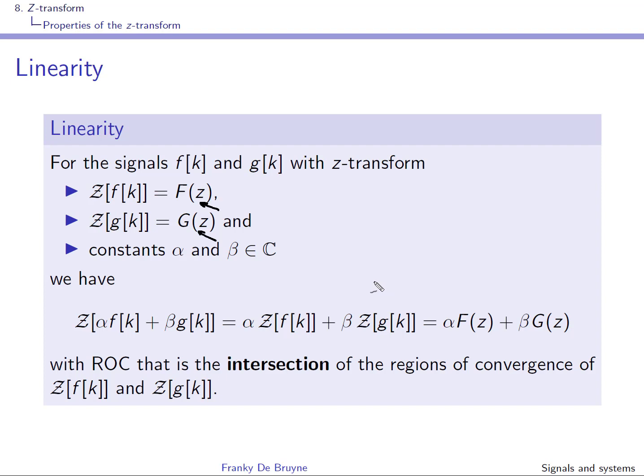The region of convergence of the Z transform of this linear combination is simply the intersection of the regions of convergence of the Z transforms of the sequences f and g.